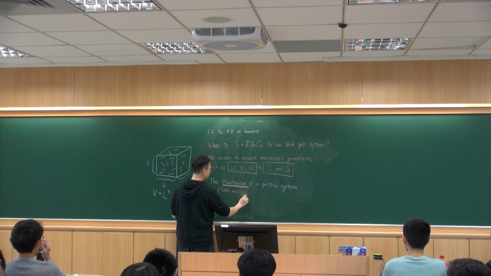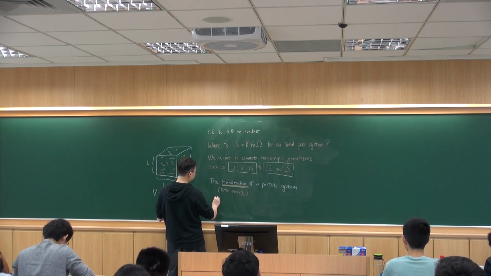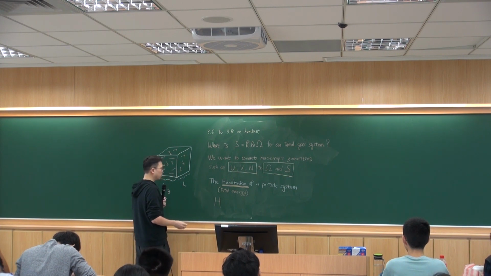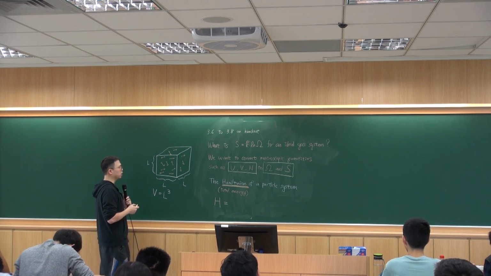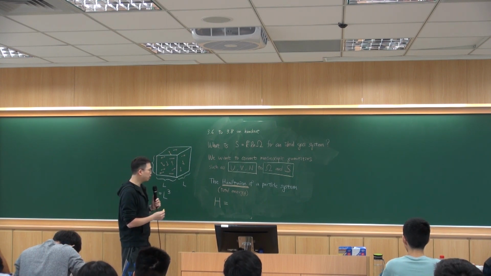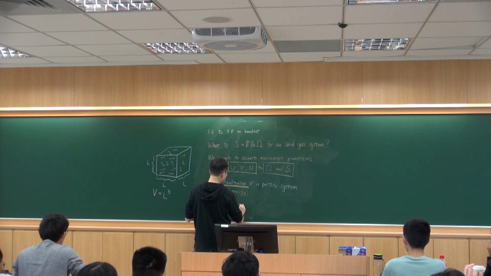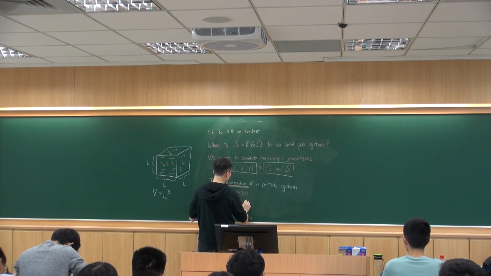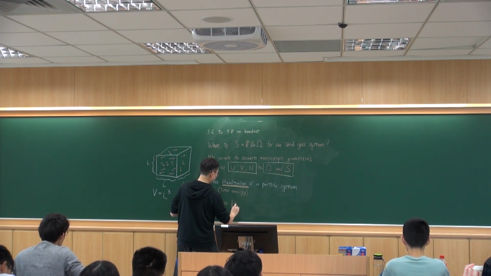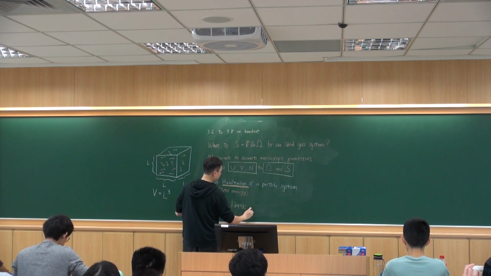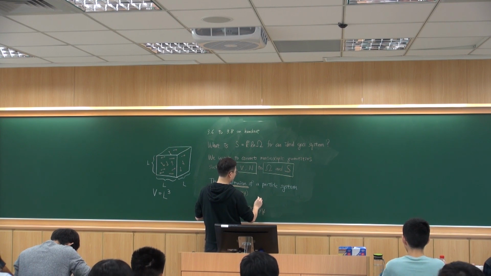That is the total energy of the system, and typically it is represented as H. The total energy typically consists of two parts. You have the kinetic energy, let's say T, and I don't want to use V, but let me just write it down: kinetic energy plus potential energy.